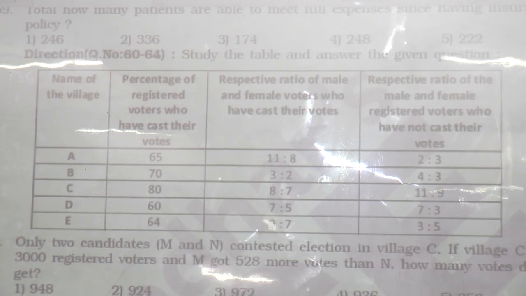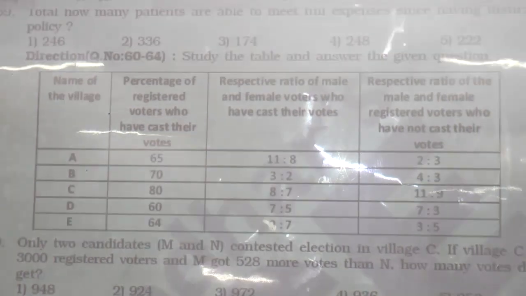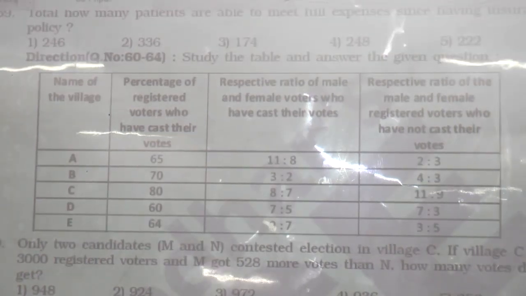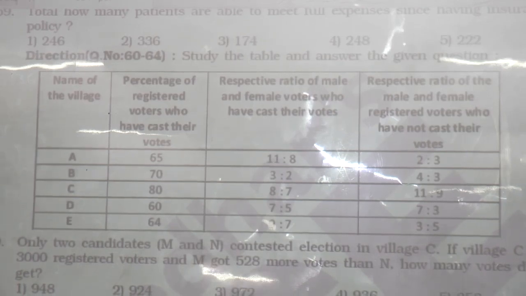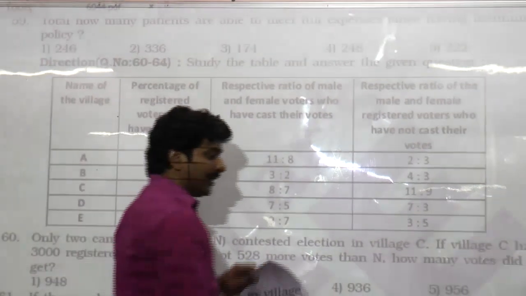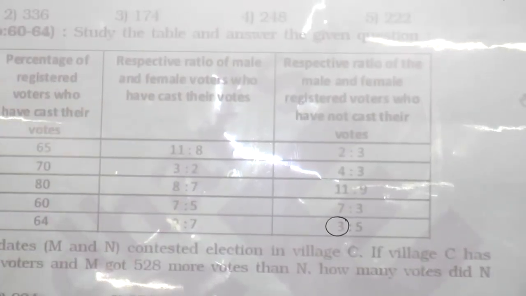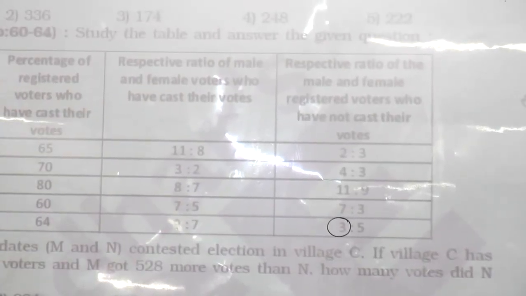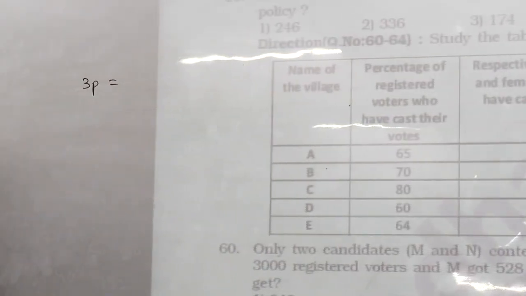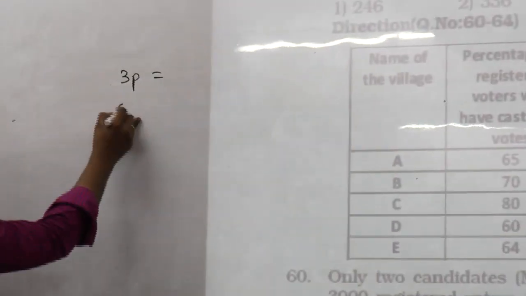100%. You need to calculate 100% value. So you are given male voters who have not participated in election. In terms of number of parts, how many parts is there? 3 parts. So 3 parts is given, and total number of candidates who have not casted their vote, 8 parts.